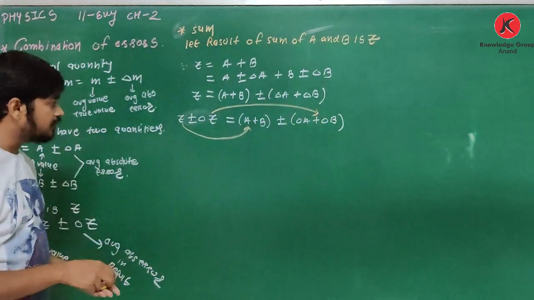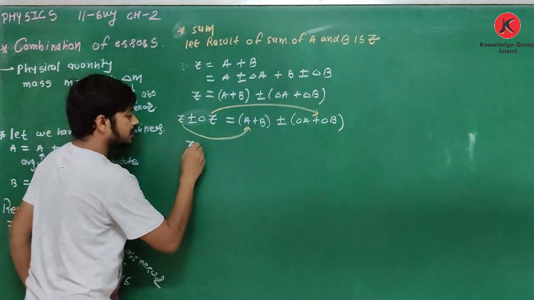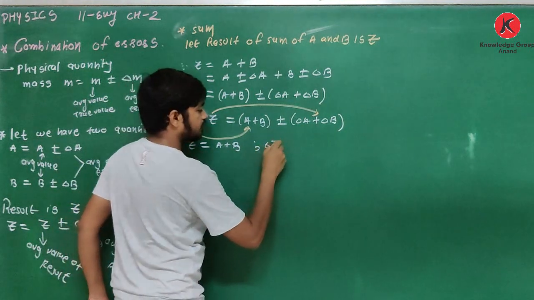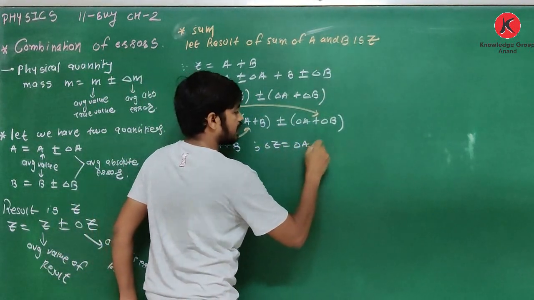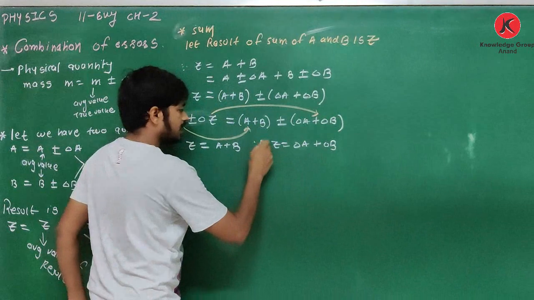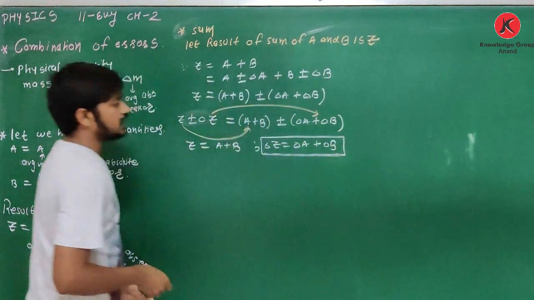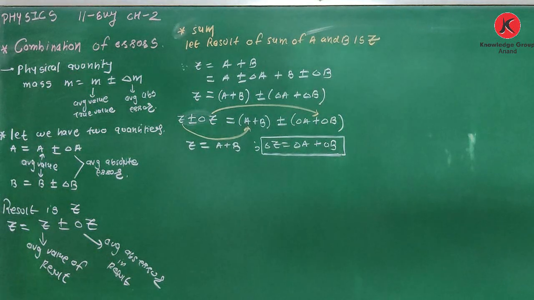So from this you can write that Z is equal to A plus B, and delta Z is equal to delta A plus delta B. That is, the average absolute error in the result is equal to the summation of the average absolute error in individual quantities.